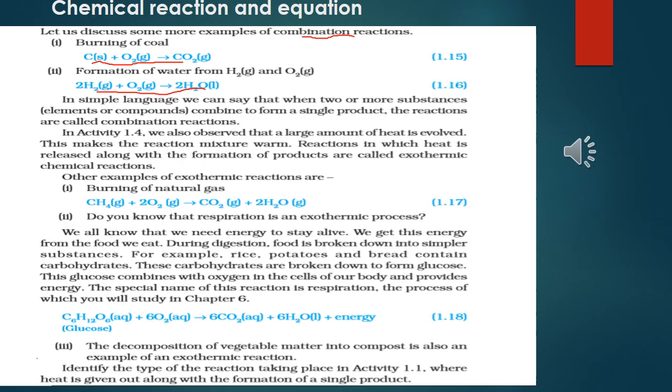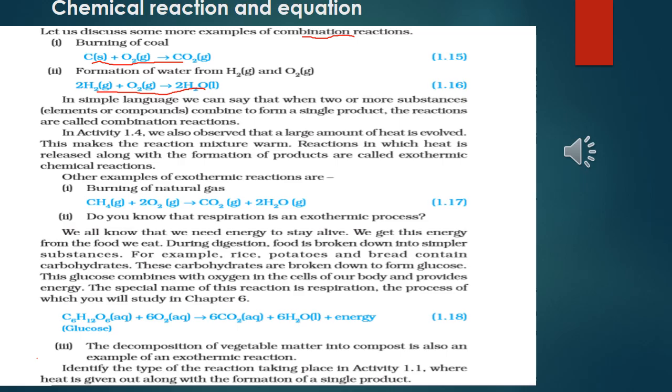So here carbon dioxide is the waste material for us, we exhale this, and water is required by our body, and this energy is also produced, and because of this energy we can perform various activities. Because energy or heat is produced, we can say it is an exothermic reaction. In other words, respiration is an exothermic reaction.